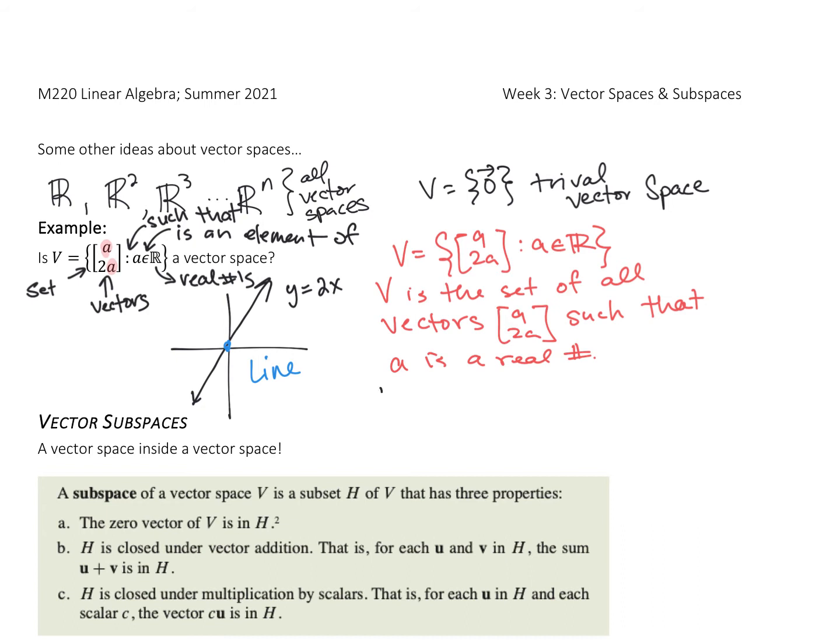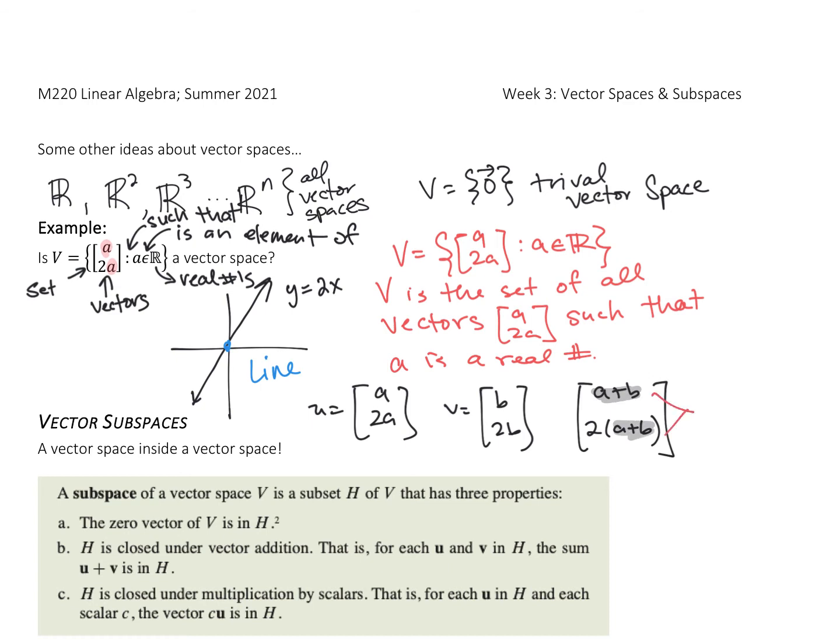If you think about (a, 2a) being our vector, we'll let that be u, and we'll let v be, I don't know, (b, 2b). Does it make sense that if I add those two things together, I have (a plus b, 2a plus 2b)? I've skipped a couple of moments here, but this and this are the same, right?